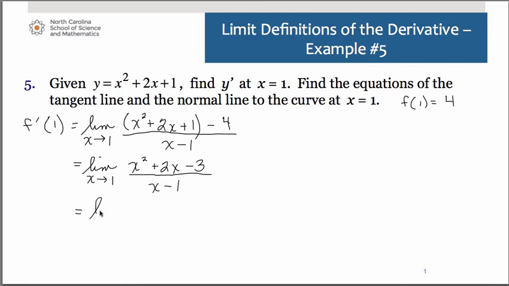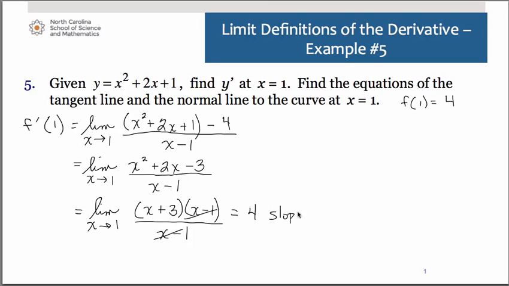So we are going to have to algebraically manipulate this limit expression by factoring the numerator. That enables the x minus 1's to cancel. So now we can substitute 1 in place of our x, and we have 4. So remember what that is. That is the slope of the line tangent to this parabola at x equals 1.